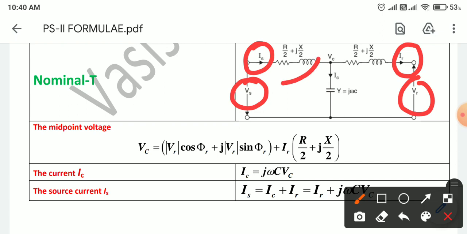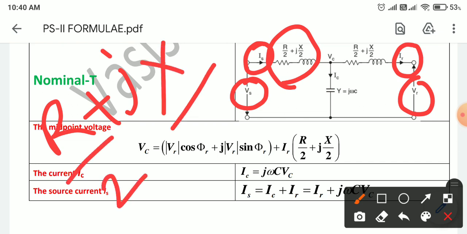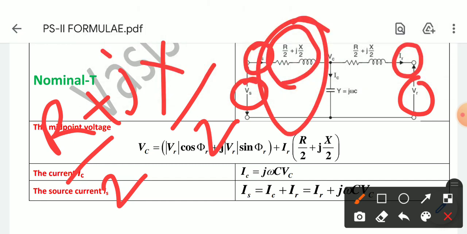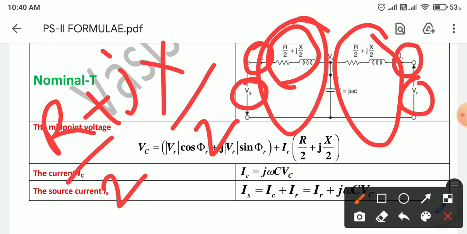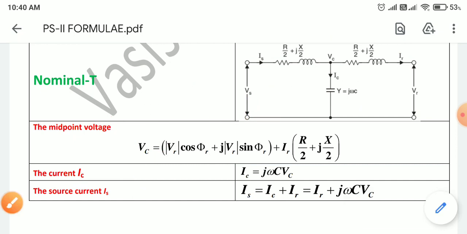Here R plus jX is the impedance of the transmission line, divided into 2 equal parts: R by 2 plus jX by 2 for this portion, and R by 2 plus jX by 2 for the other portion. Here Y is equal to j omega C, the capacitance in terms of admittance.